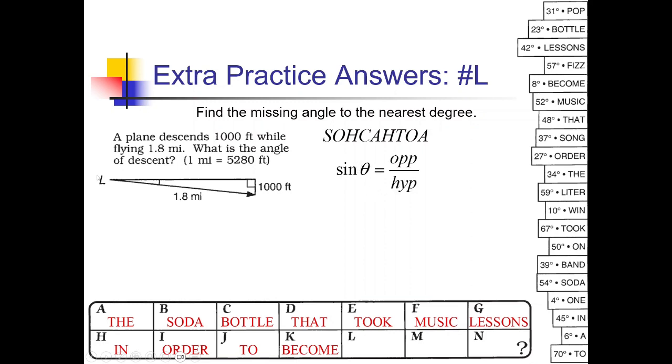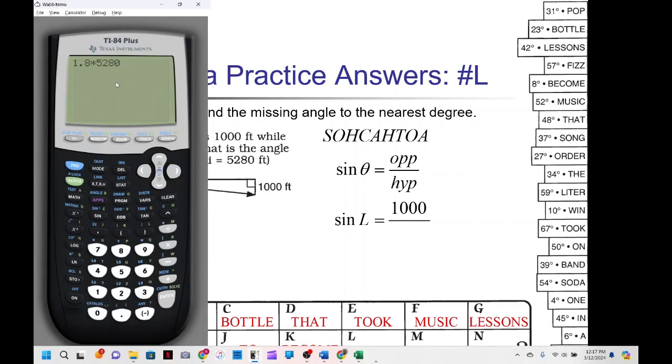We have sine of L equals opposite side 1,000. And before you write 1.8 miles, keep in mind that we need the same units in the numerator and denominator for the number we use to actually work out in the calculator. So let me figure out how many feet 1.8 miles is. I can do that by multiplying it by 5,280. So 1.8 times 5,280 on the calculator is coming out to 9,504.